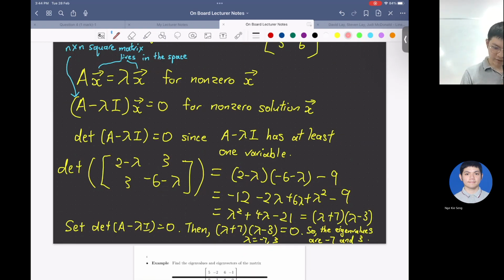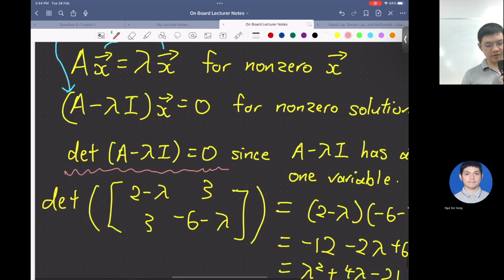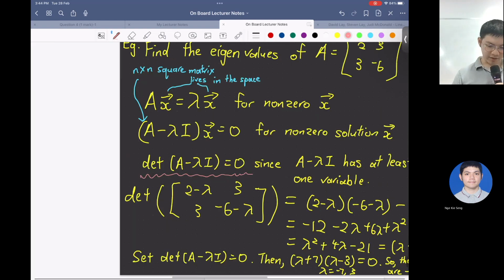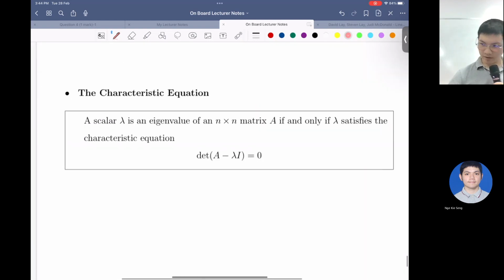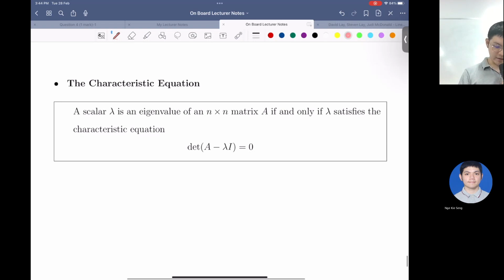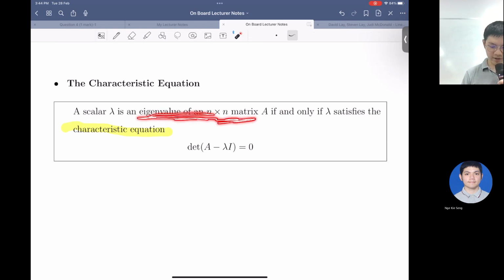I forgot to tell you the name of this part here. When we set the determinant of A minus lambda I equals 0, there's a name for this equation. We call it the characteristic equation. The characteristic equation holds if and only if the lambda satisfies the condition of being an eigenvalue of an n by n matrix.